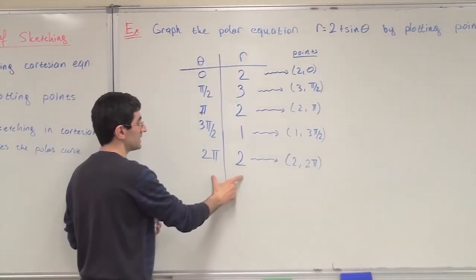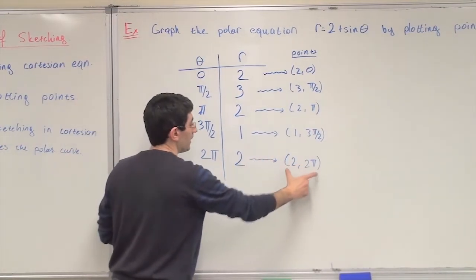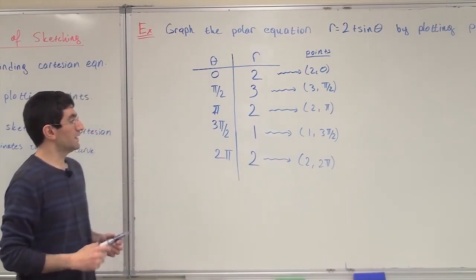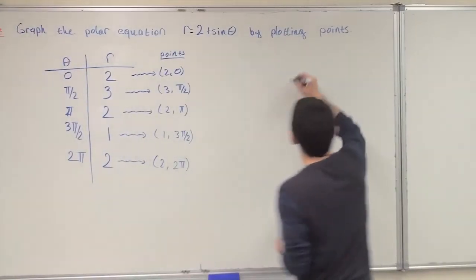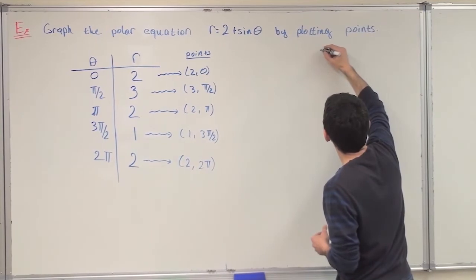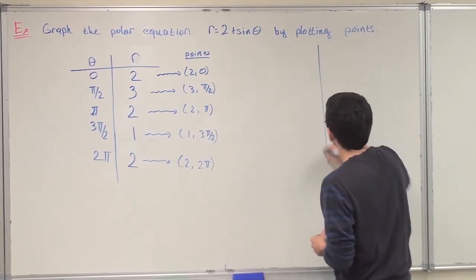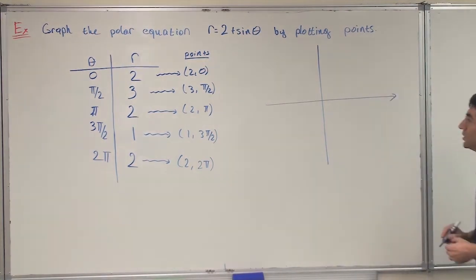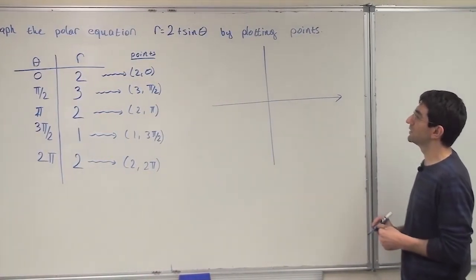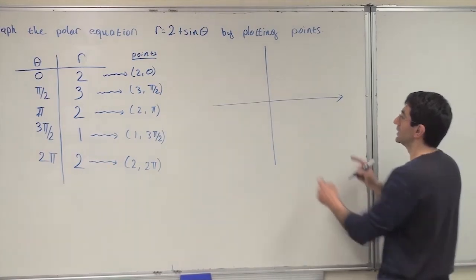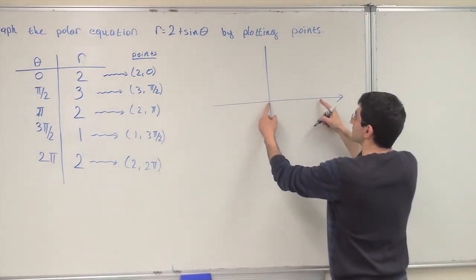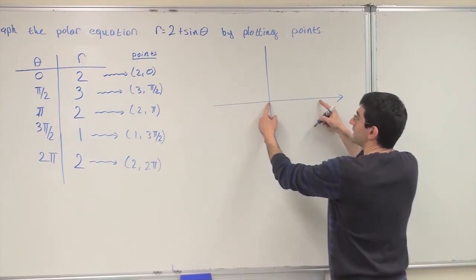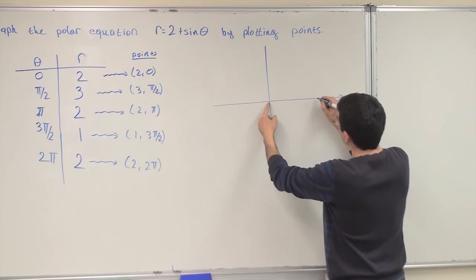So with the help of this table, we have found some points which are on this polar curve. Now we plot these points on the polar coordinate system. The point 2, 0. So we measure the distance 2 to the origin, and then we rotate that distance by an angle of 0, which means no rotation.